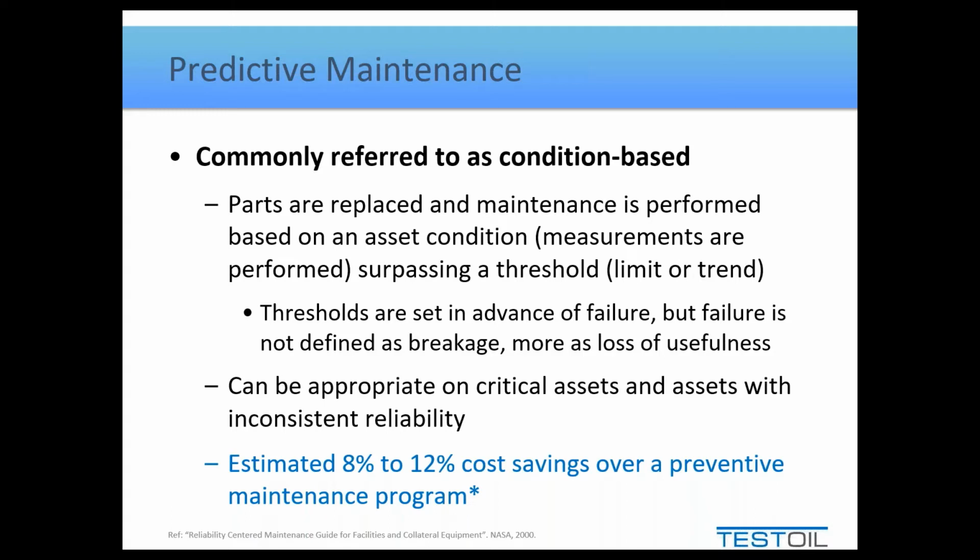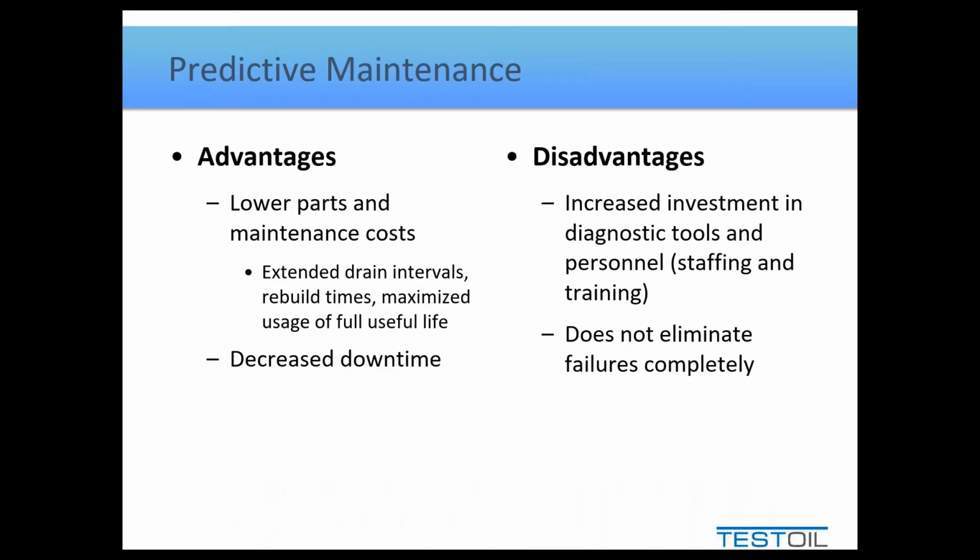And the big advantages to doing condition-based maintenance is that you're not spending as much money on parts and maintenance because you're only doing it where it's necessary. But because you have predictions as to what's going to happen here, you should have a decrease in downtime because you know beforehand that it's on its path to failure.